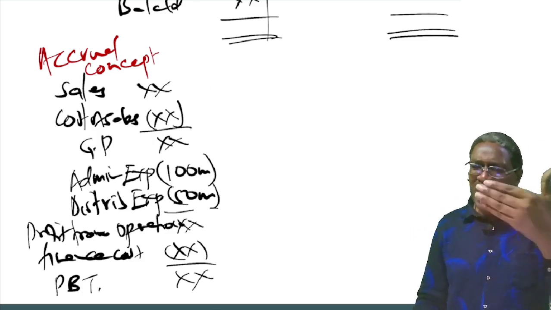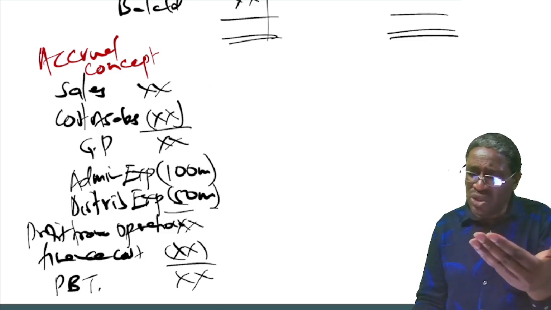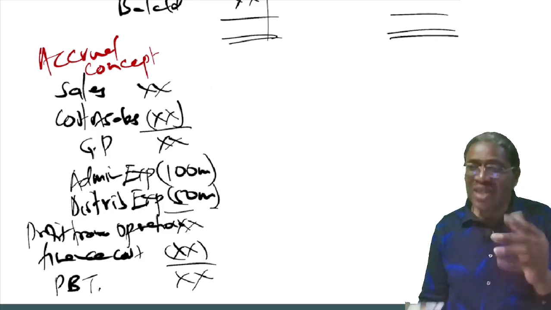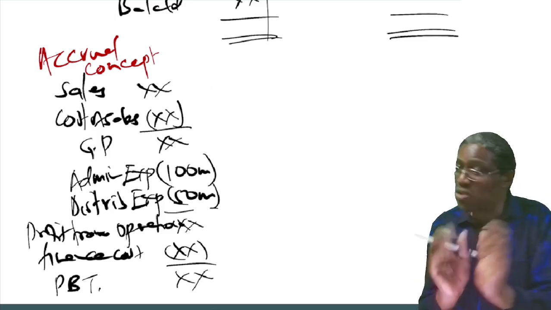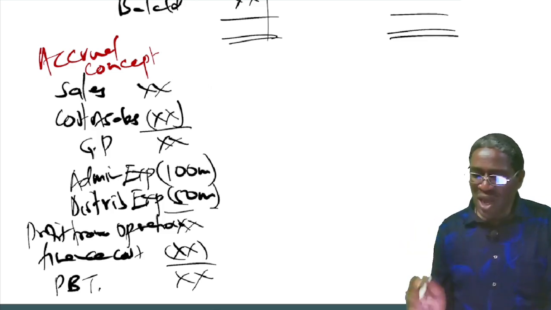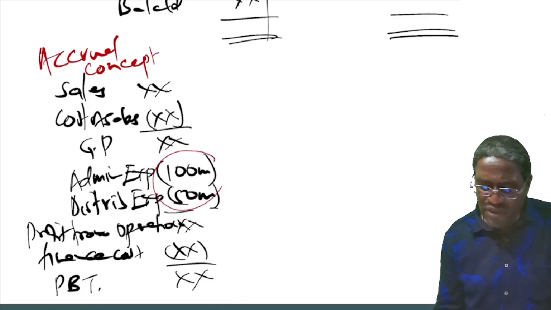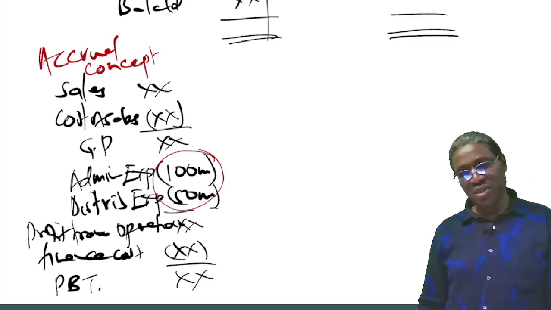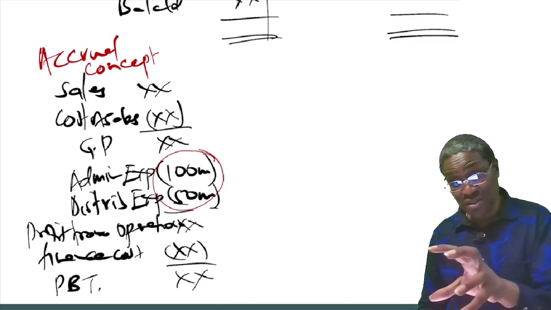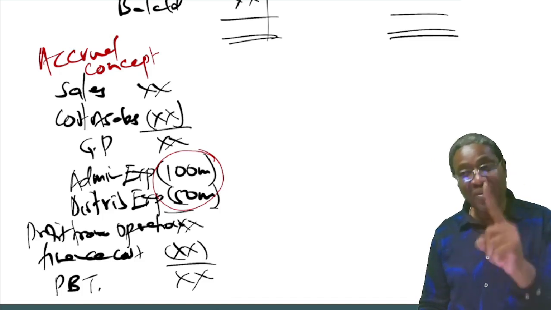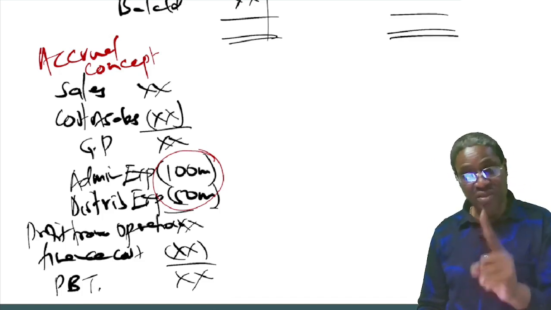But when you charge the depreciation of the office equipment, did you pay for that depreciation? No. So we are saying, as much as it's true you charged 150 in the income statement for the services, we actually never paid 150.